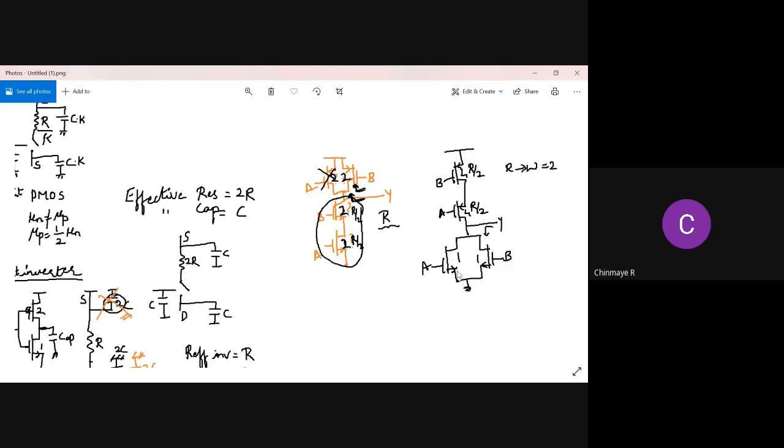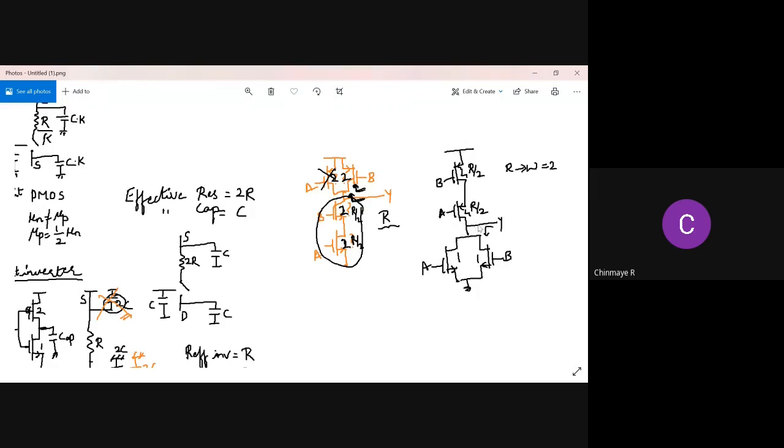Next, we came to the NOR gate. Again, we took a unit inverter as the base. Based on that, we tried to size the NMOSs and PMOSs so that the resistance in each branch is equal to R. So here you see that the PMOS has only one branch.